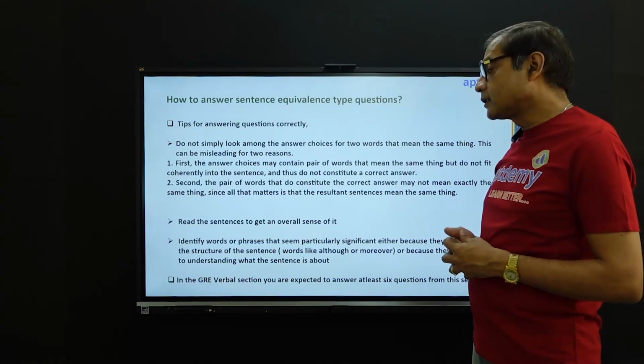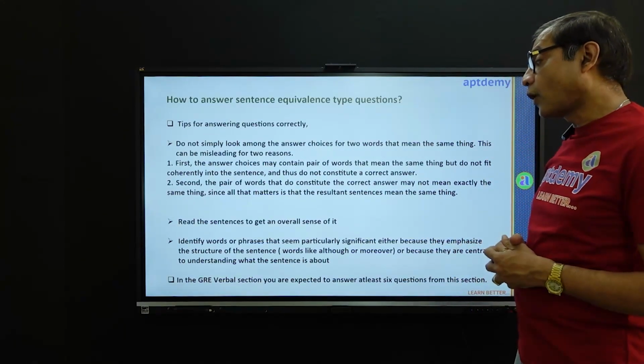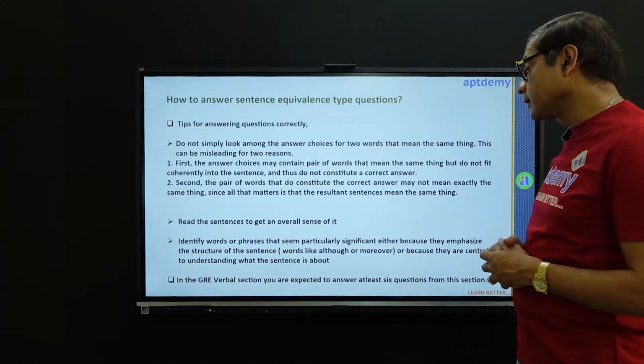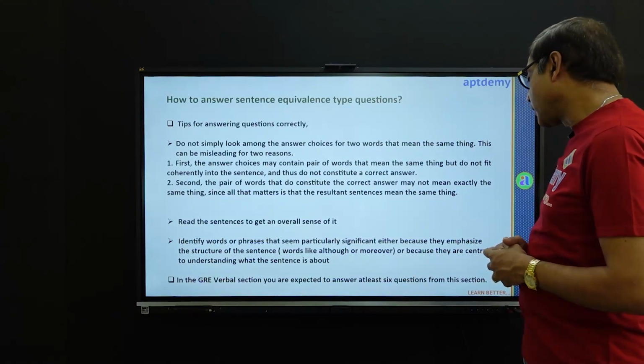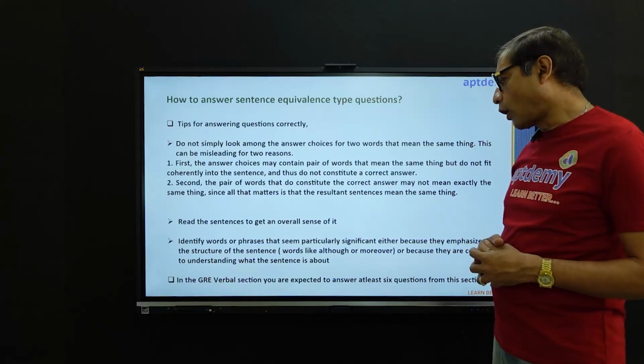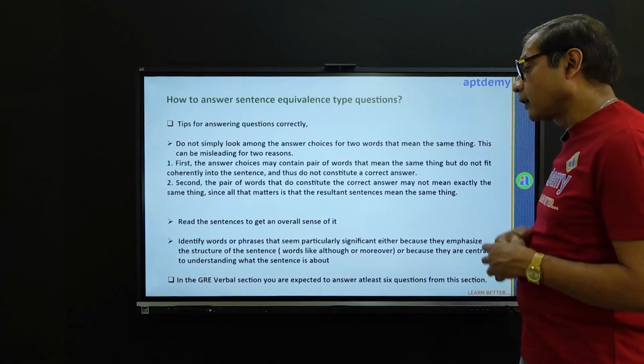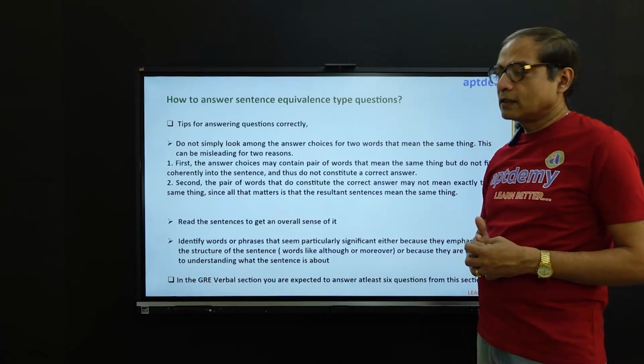Read the sentence to get an overall sense of it. Identify words or phrases that seem particularly significant either because they emphasize the structure of the sentence, words like although or moreover, or because they are central to understanding what the sentence is about.